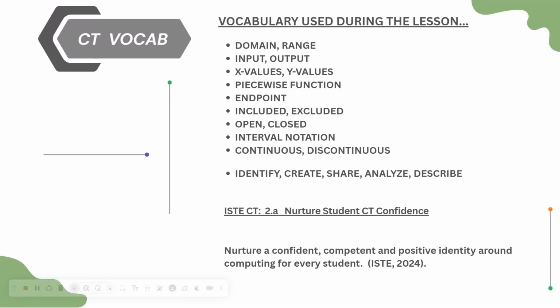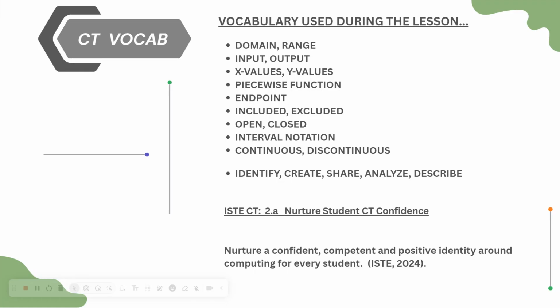Computational thinking vocabulary that's going to be used is the values that we're going to use, X and Y values, input, output, domain, range. These are all math vocabulary. Piecewise functions, endpoints included, excluded, open and closed for those endpoints, interval notation, continuous and discontinuous of a function. Those are all vocabulary words that we use throughout our math department, and we are aligned as a school to use those and to define those in a certain way.